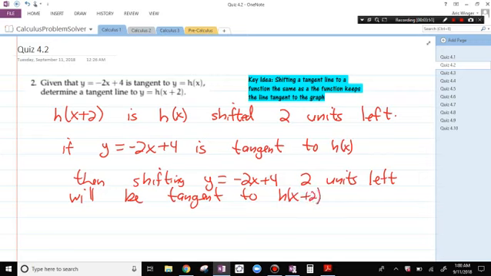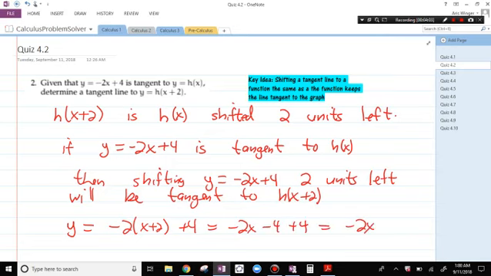That means that we're interested in the new line y equals minus 2 times x plus 2 plus 4. Distribute: minus 2x minus 4 plus 4. So y equals negative 2x is tangent to h of x plus 2.